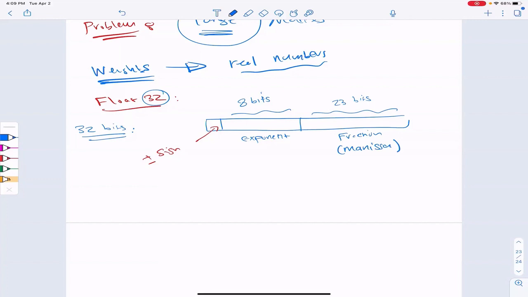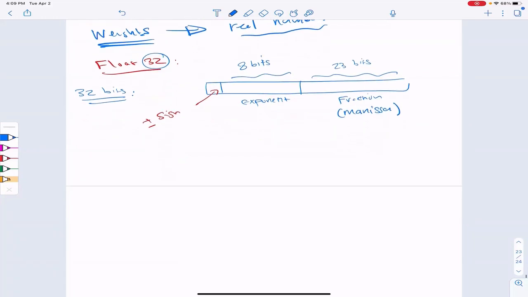All right. Just to give you a rough idea how it works, because okay, so I have all of these bits. You know, what is my number at the end of the day? Let's look at one example.